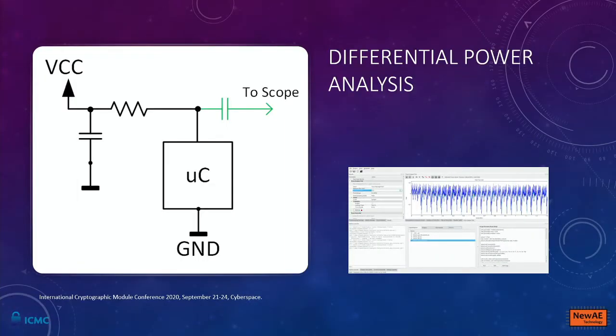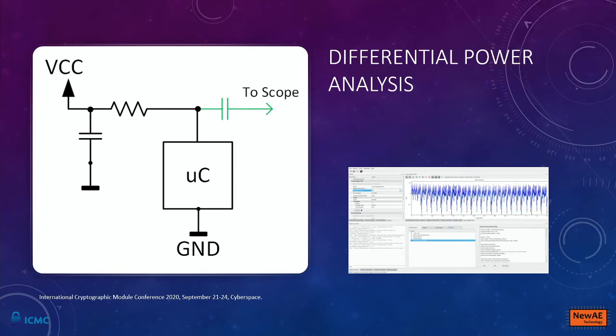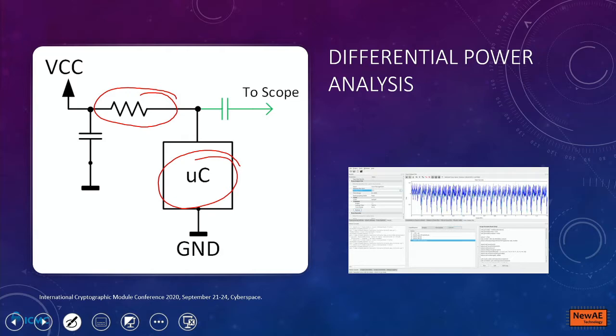So differential power analysis, right? Differential power analysis has been around for a while, so theoretically you already know what it is. But really briefly, the idea is that you have a cryptographic core or some sort of core that's processing some secret data. Over here we have a microcontroller, and for example, we have a really basic measurement setup where there's some shunt resistor that lets us measure the power flowing into it.